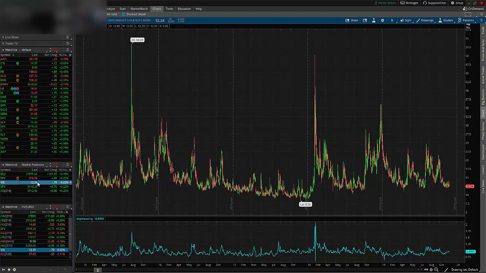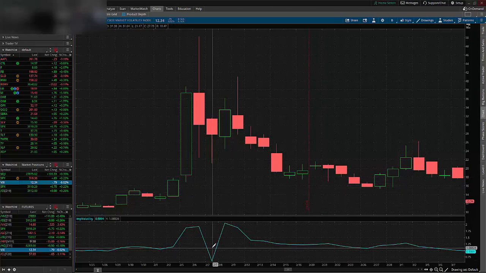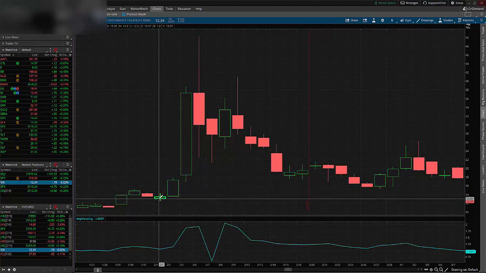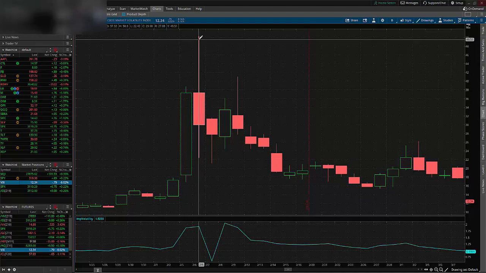So if we look at the VIX here, we can see, for example, on February 5th, 2018, where the VIX reached 50, and you can see a few days before that it was only at 13. So that would qualify as a crash market.